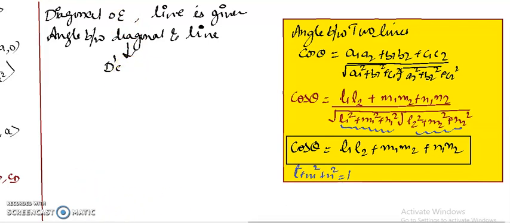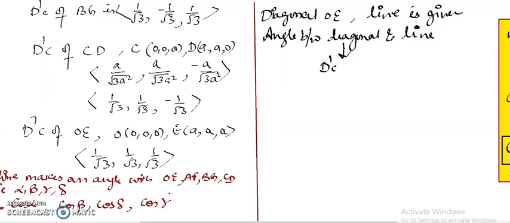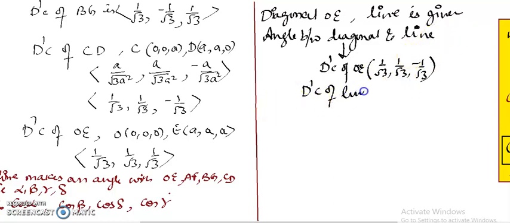Let us see the DC of OE. The DC of OE is 1 by root 3, 1 by root 3 and minus 1 by root 3. And what are the DC of the line? The DC of the line is given in your book. So your DC is L, M and N.